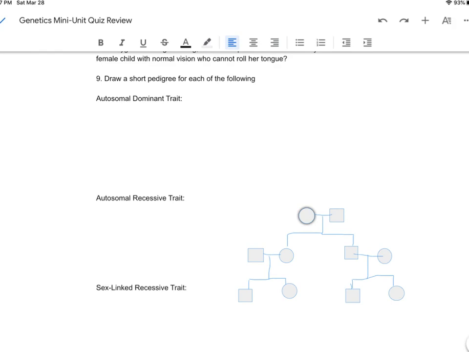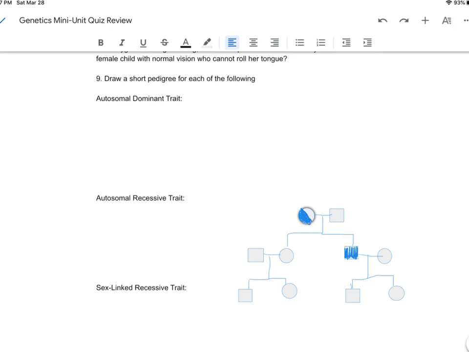So for a sex-linked trait, one thing we would expect to see is a much higher rate of males affected by the trait than females. So for example, maybe we could have a situation where this female was a carrier of the trait, and maybe it would show that and maybe it wouldn't.